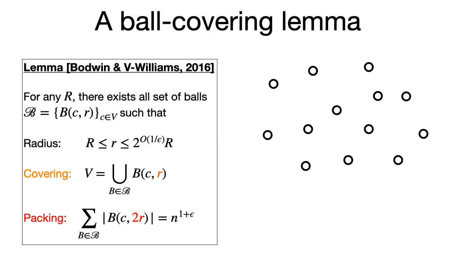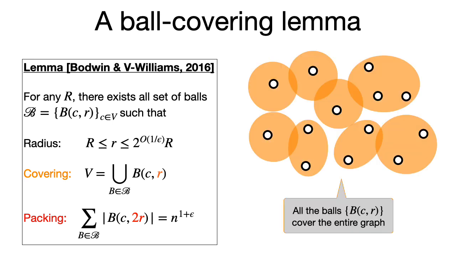Our algorithm relies on a lemma from a previous work. This lemma says, given any radius parameter r, there exists a set of balls in the graph with three properties. First, the radius of all balls are roughly r.